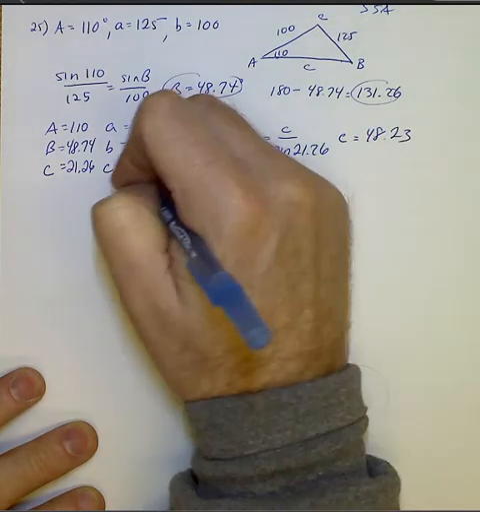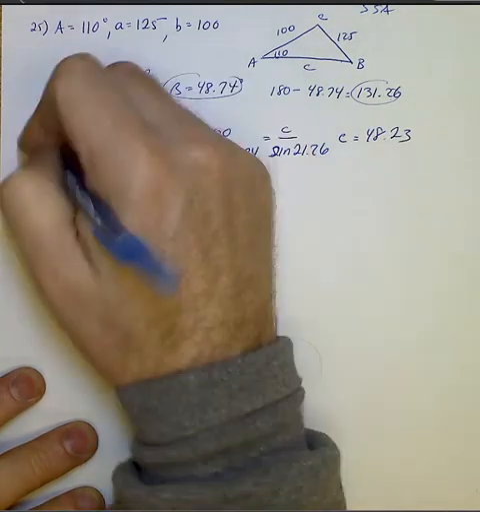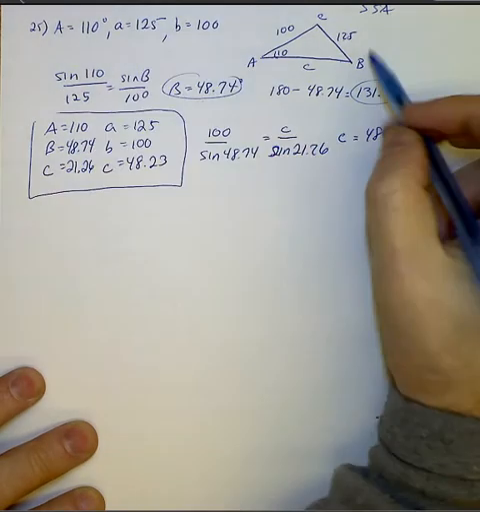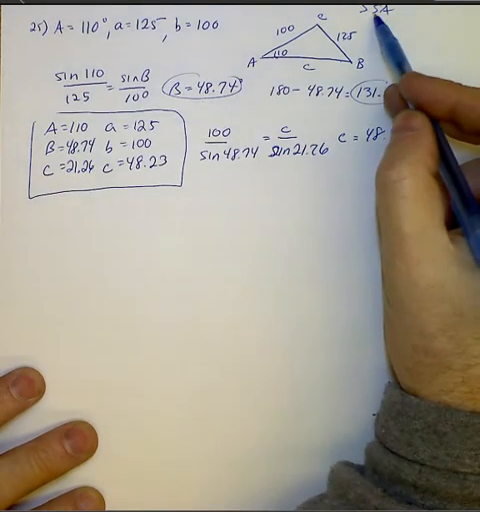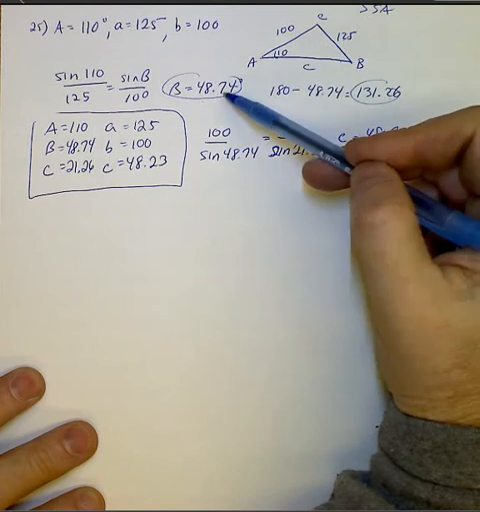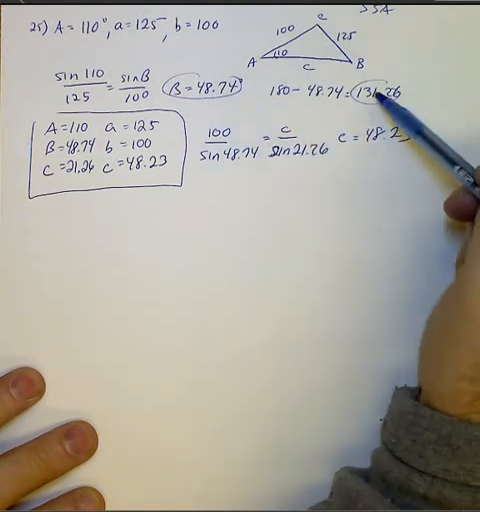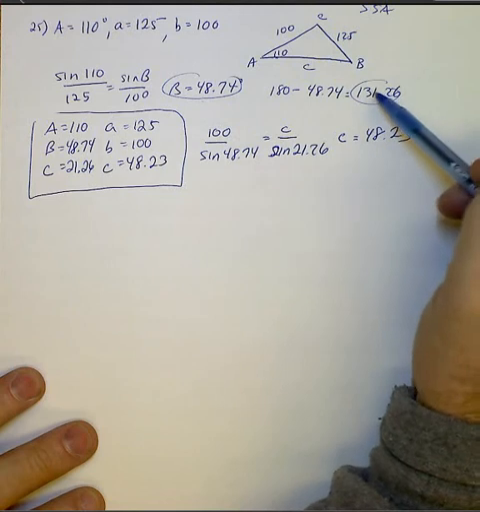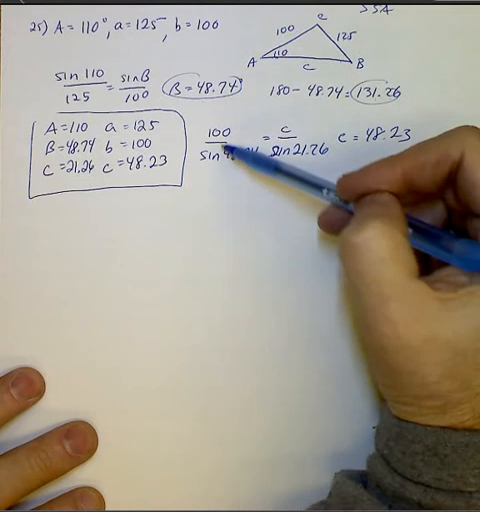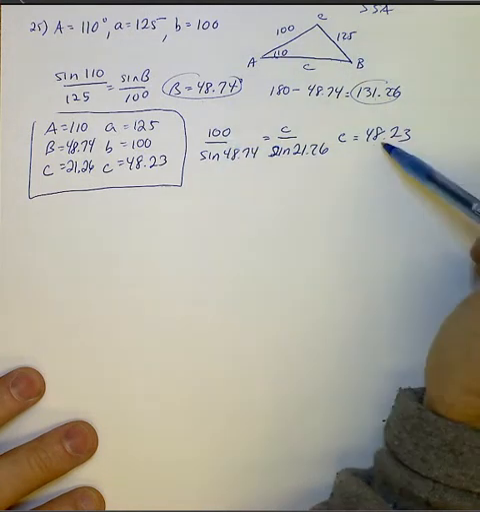And so a complete answer would look like this. So again, we have the ambiguous case. We go ahead and solve for angle B. We see that angle B is 48.74. The supplemental angle that goes along with that is 131.26. Too big. So therefore we're stuck with one triangle. And then we finish out with the law of sines a second time.